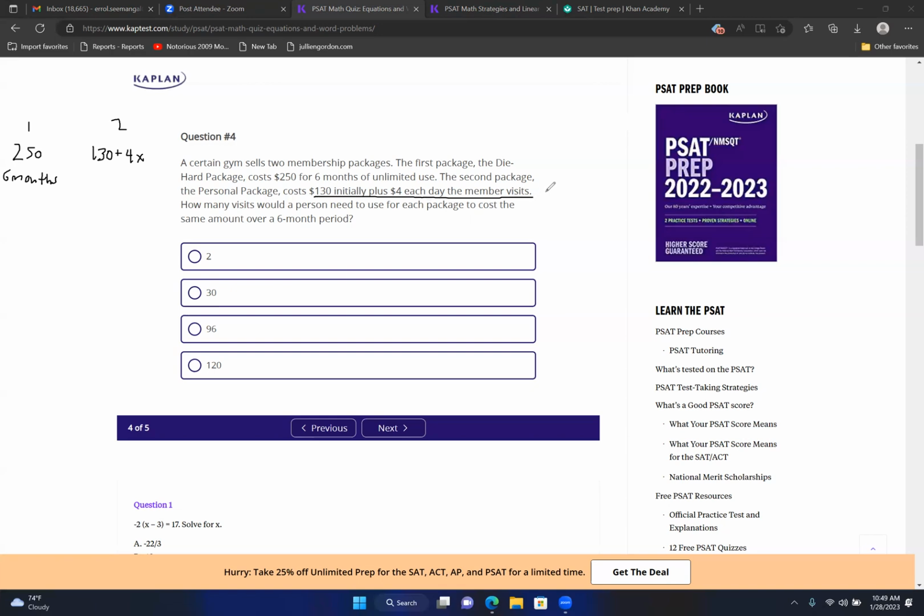So how do we find how many visits the person needs for the packages to cost the same amount over 6 months? We just equate these two and then solve for x.